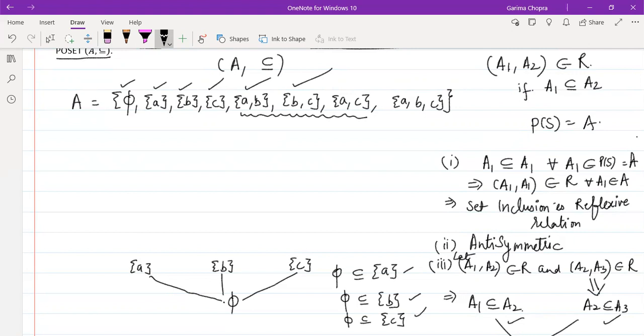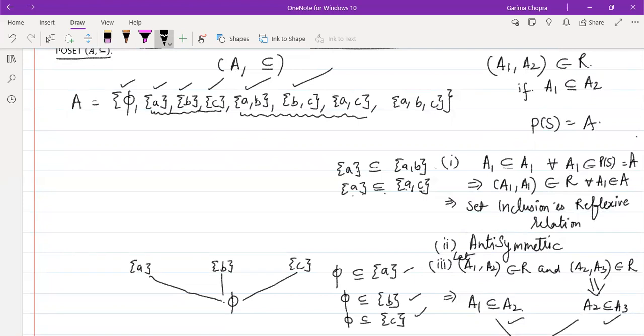But if I check with this, then the singleton set A is a subset of this one, as well as of this set also. So the singleton set A is related to the set having 2 elements AB, and similarly the singleton set A is related to the set having 2 elements AC.